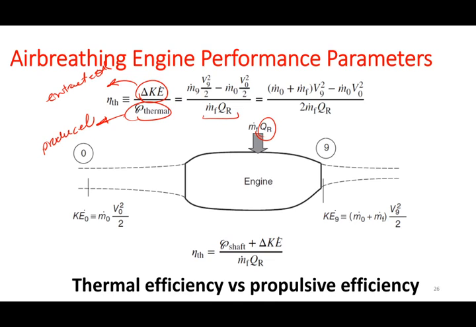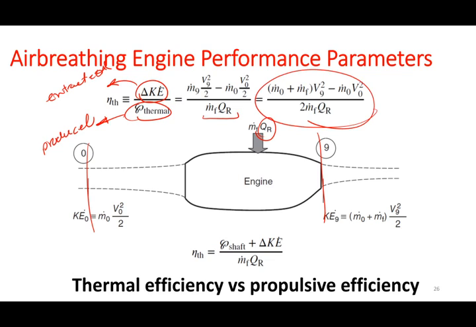And the rate of change of kinetic energy, at this point you are already pretty familiar with this, is going to be m dot v squared over 2, right? And the total kinetic energy change is the change between station 9 and station 0. So we can come up to this final equation for the thermal efficiency calculations.